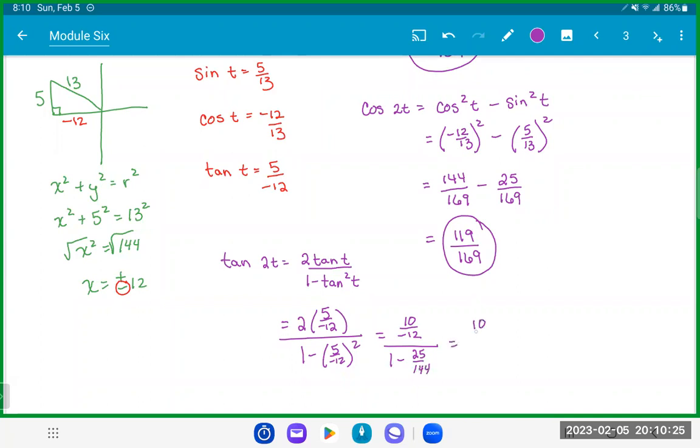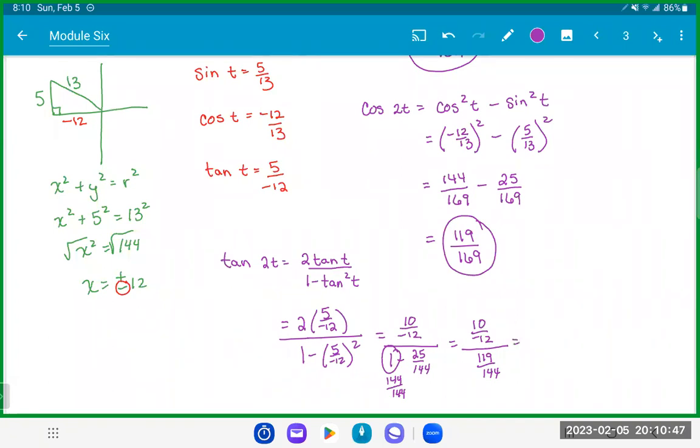So that is 10 divided by negative 12 over 119 over 144. That's really just taking this piece right here, the 1, which is the same as 144 over 144. And so when I take off the 25, 144 minus 25 gives me 119, and divided by that.